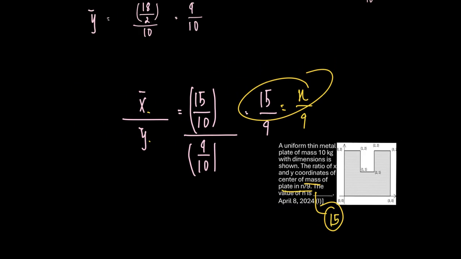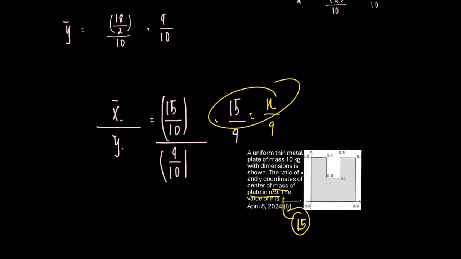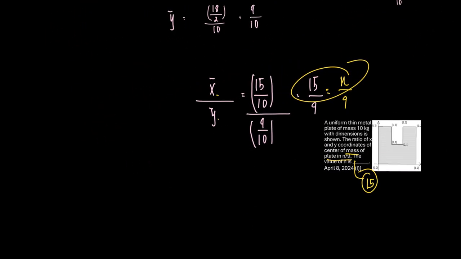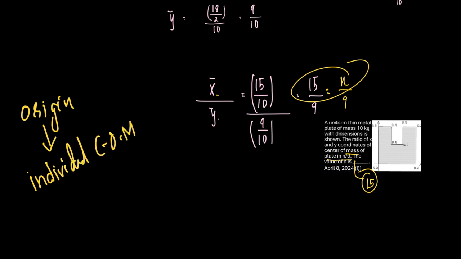Okay. So let me just summarize the steps here. Fix the origin, that should be step number 1. Find out the individual centers of mass. Calculate the individual centers of mass positions with respect to the origin.